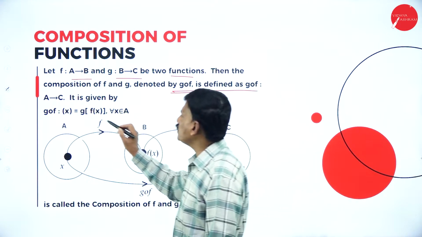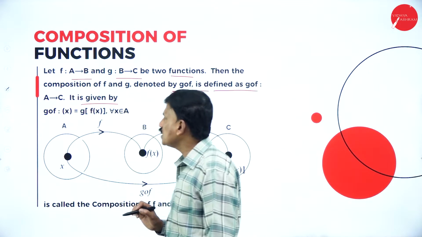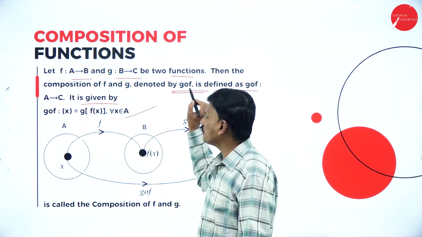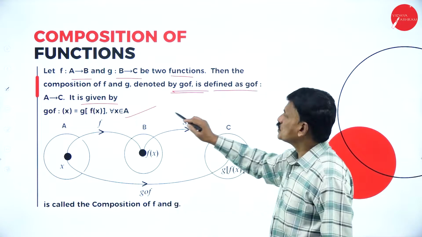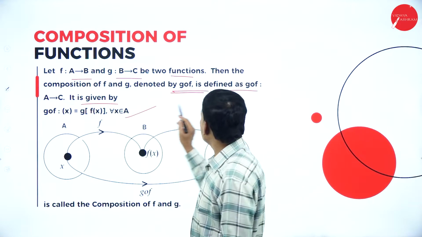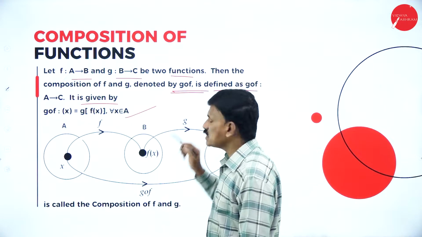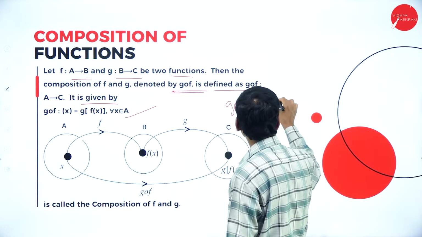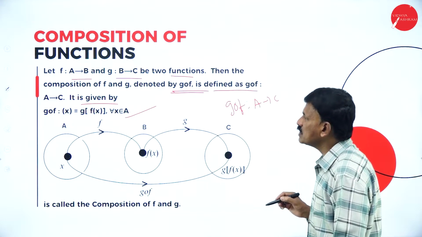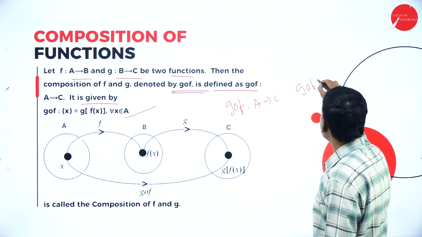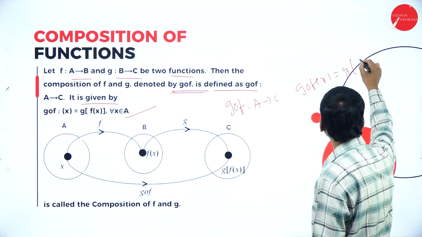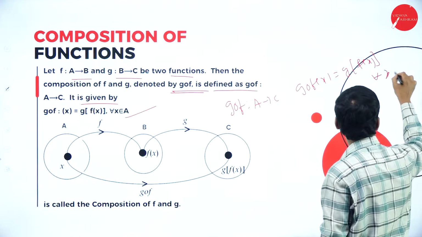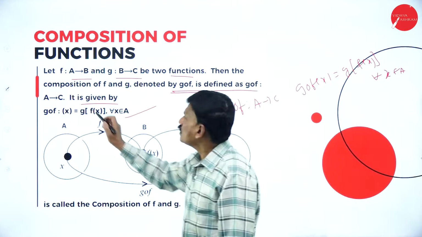So GOF is from A to C, and is given by g naught f of x is equal to g of f of x for all x belongs to A. Therefore, the composition is defined as g naught f from A to C. Now what is given?